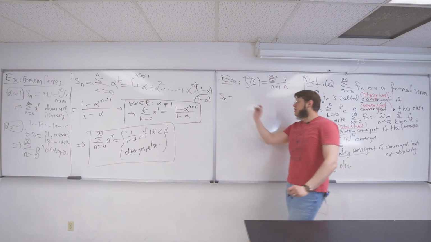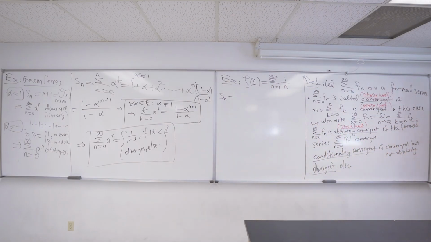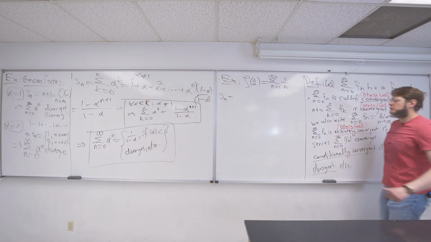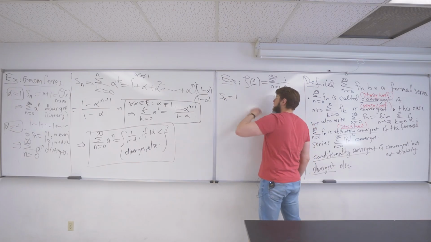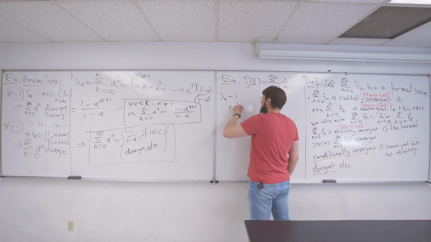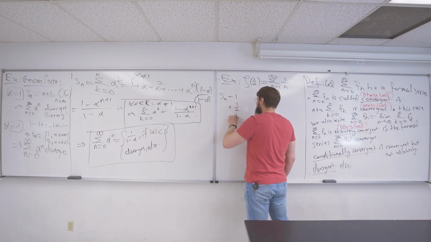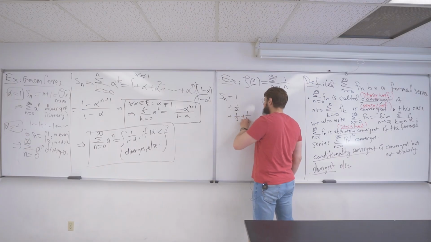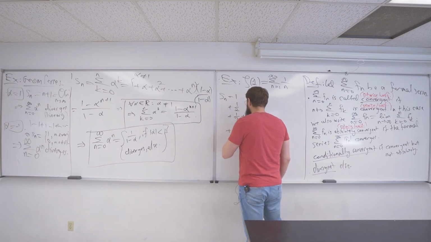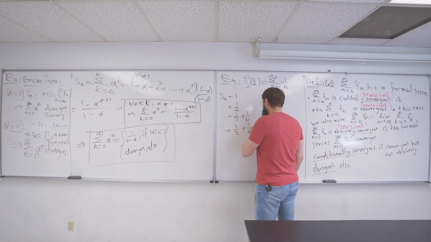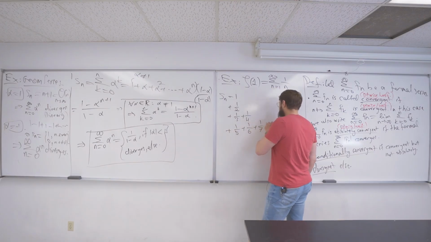This is a sum of reciprocals of all integers all the way up to n. So 1, I'll write it like this, plus 1 over 2, plus 1 over 3, plus 1 over 4, plus 1 over 5, plus 1 over 6, plus 1 over 7, plus 1 over 8.